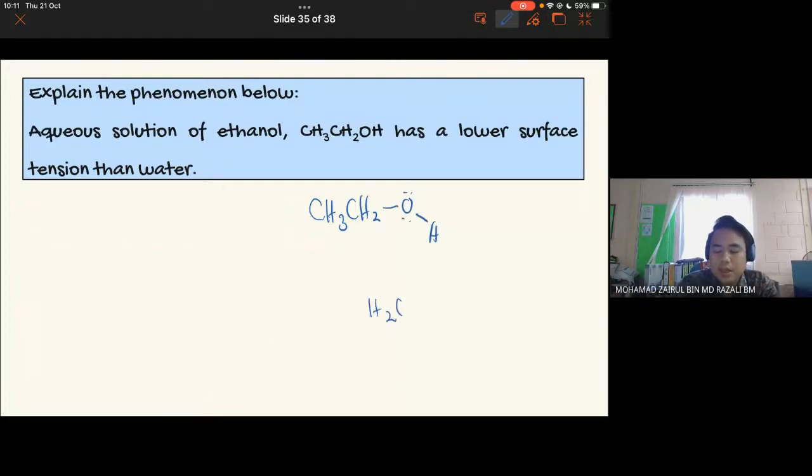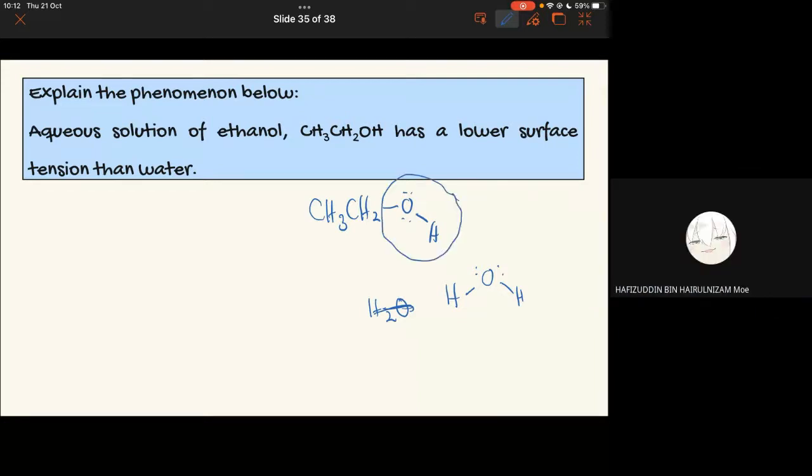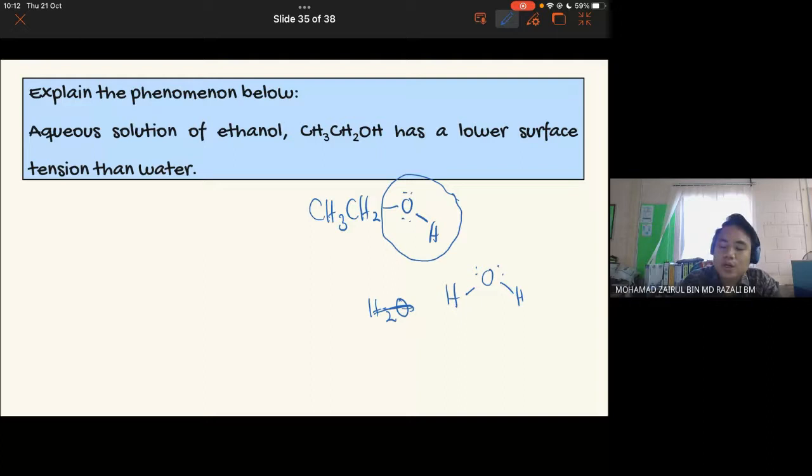What is the similarity between these two compounds? Similarity dia apa? Alkohol OH ni, kalau ada OH apa? Dua-dua hydrogen bond. Ya betul, dua-dua ada hydrogen bond.